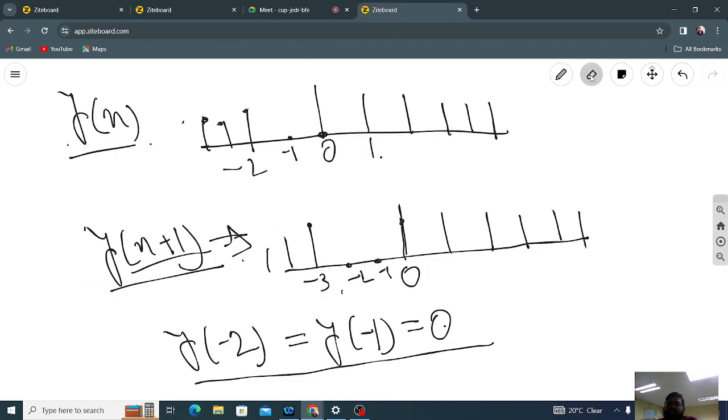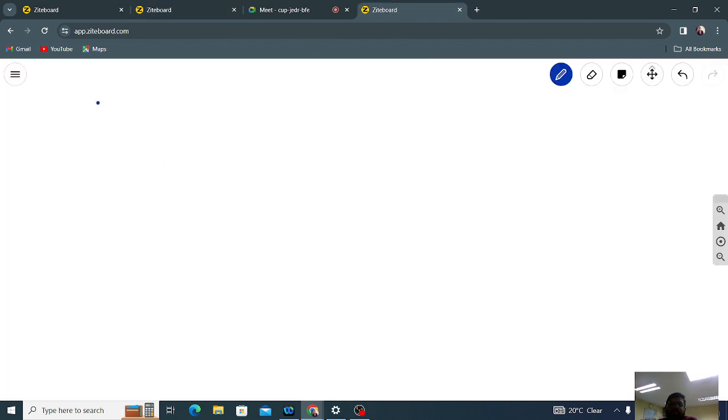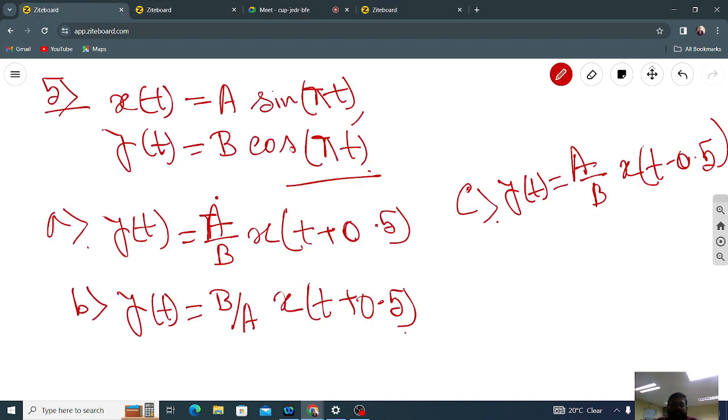So let us just write it. y of t, let us start from the x of t part, because we have to replace x of t. So y of t is equal to b cos pi t, right, according to this question.